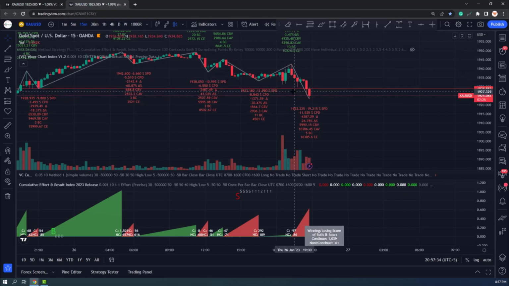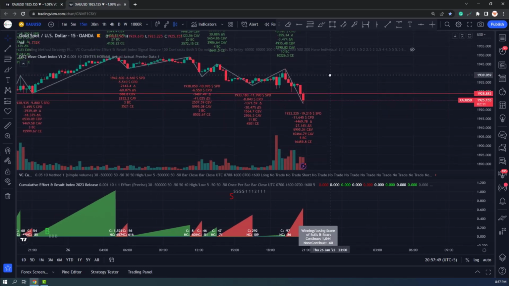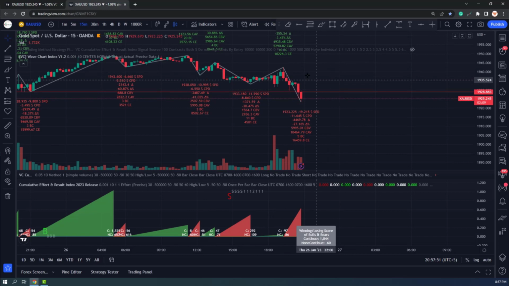So all the leading data, all the data that is actually moving the market, actually fueling the market, you can analyze with the wave chart index. Yeah. So this is a very rough and short introduction of the wave chart index.